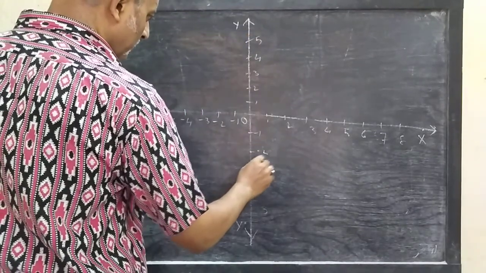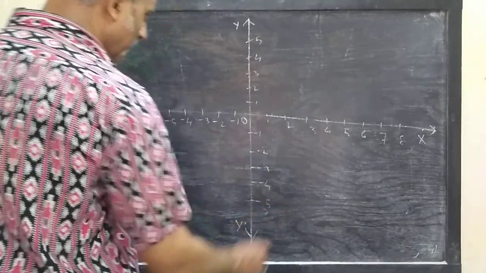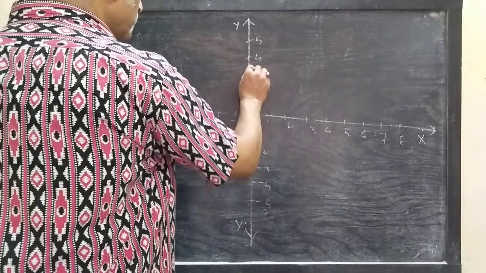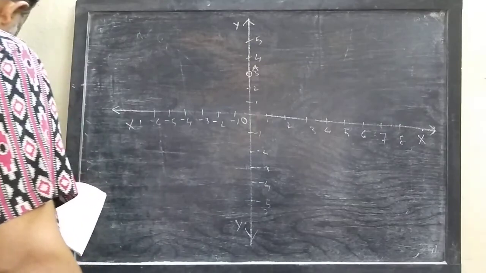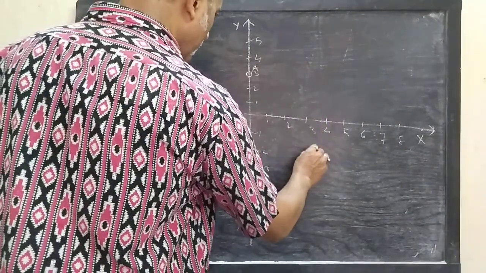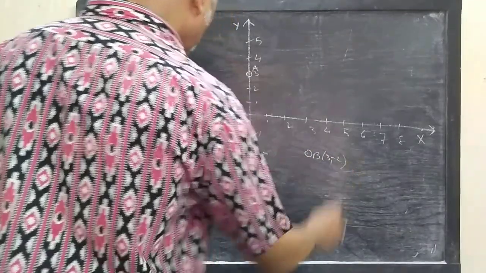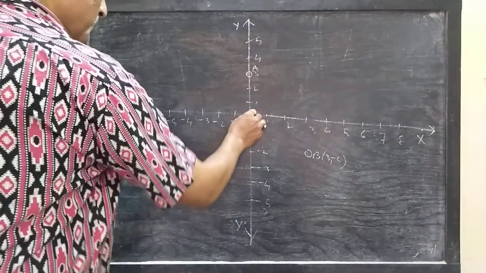Minus 1, minus 2, minus 3, minus 4, minus 5. First point is A (0, 3). This will be your point A. Next B is (3, -2). The point B will be here. And origin O is here, (0, 0).